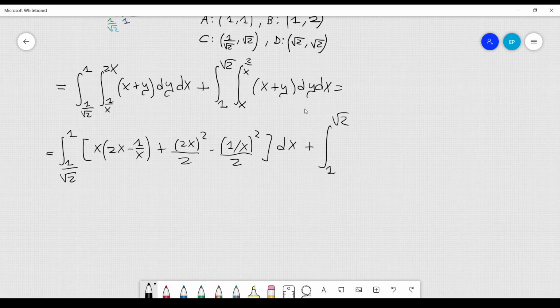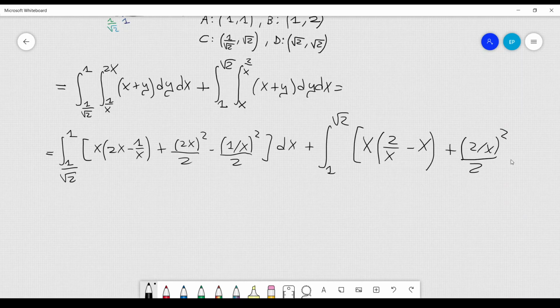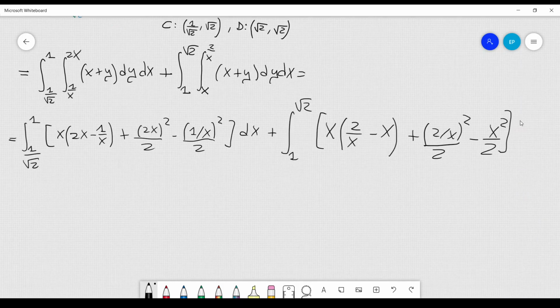When I integrate x over y, I get x times y, and if I evaluate it at the boundary, I have x times 2 over x minus x, plus the integral of y over y is y squared over 2, so I get 2 over x squared over 2 minus x squared over 2, and I have to integrate this over dx. So this is quite simple.